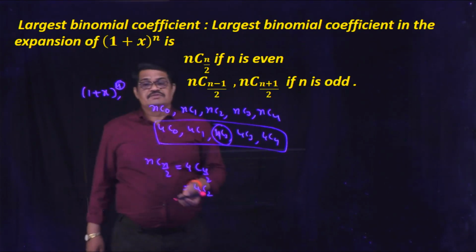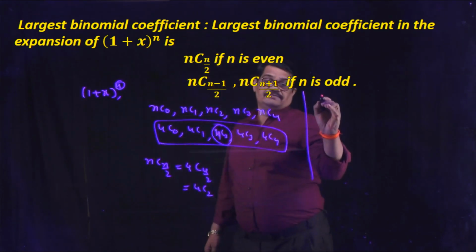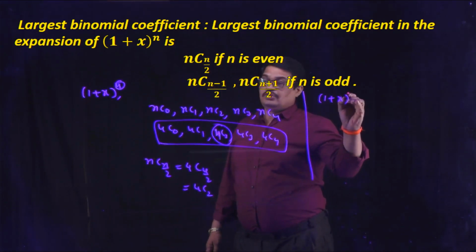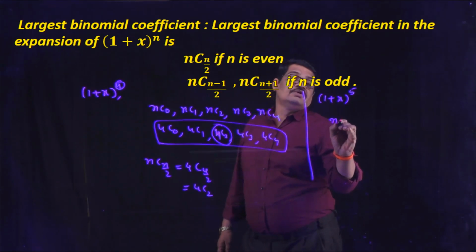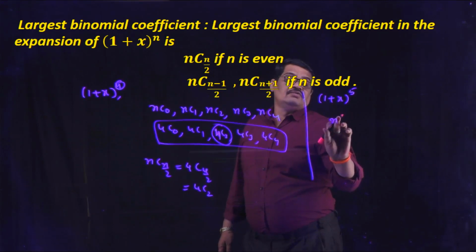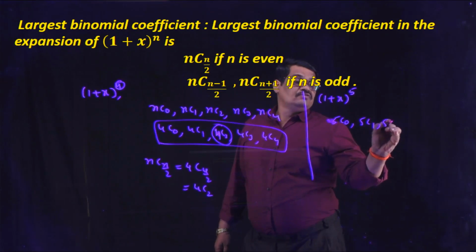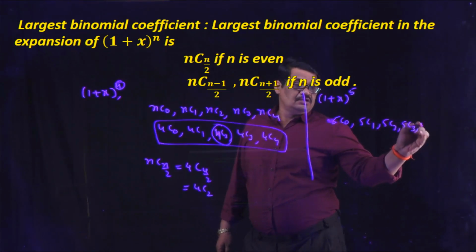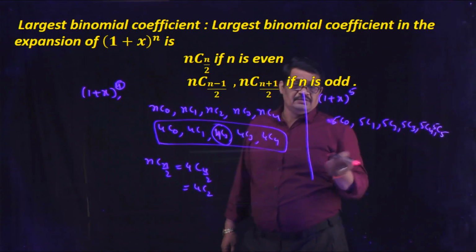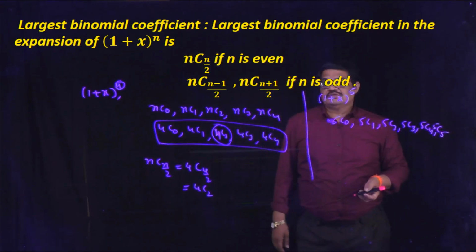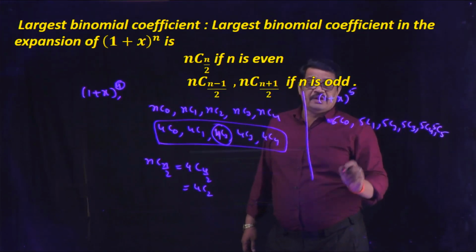If n is 5, that is (1 + x)^5, what are the binomial coefficients? That is 5C0, 5C1, 5C2, 5C3, 5C4 and 5C5. These are the binomial coefficients. In that there are two largest binomial coefficients.